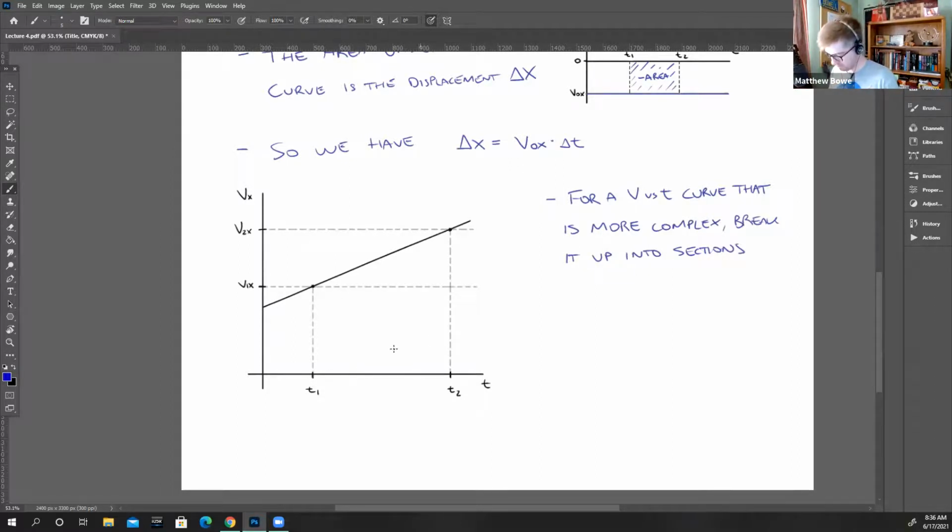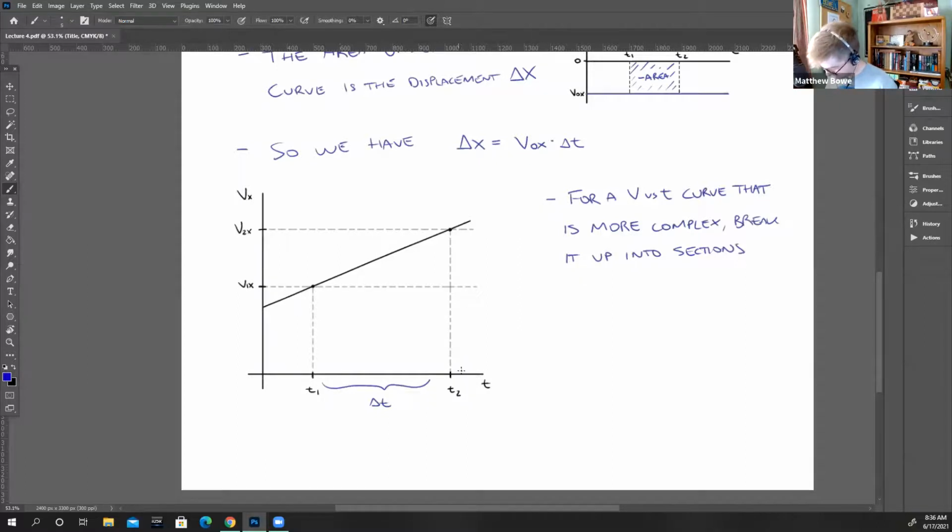And now that we've broken this up, we have this rectangle right here, and we have a triangle. Those are easy to deal with. We can find the areas of those separately. So we just need to know the width of this rectangle down here. That's T1 and T2. That whole thing is just delta T.